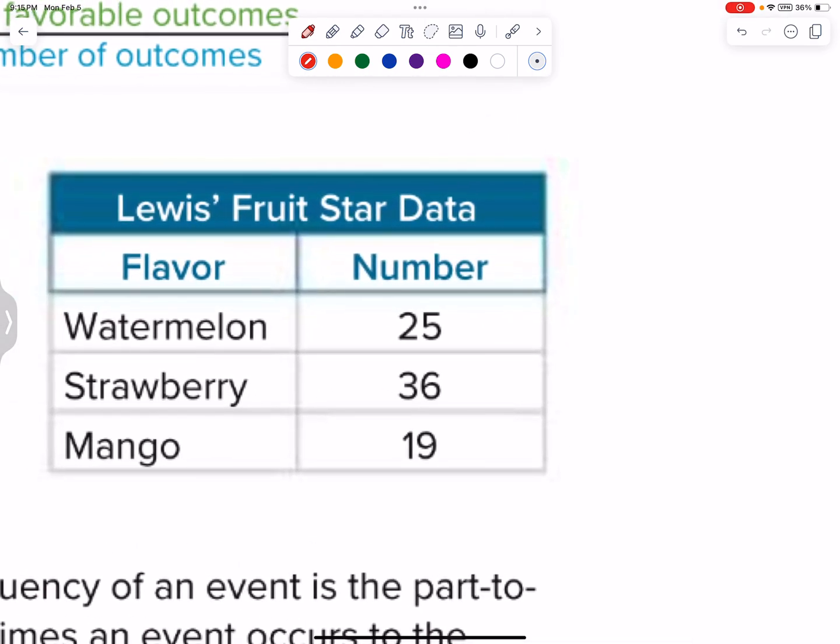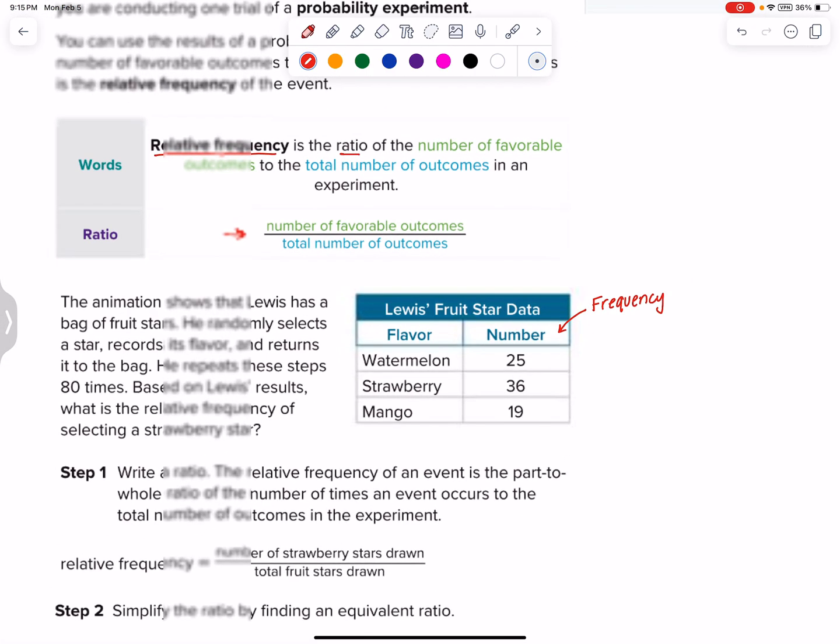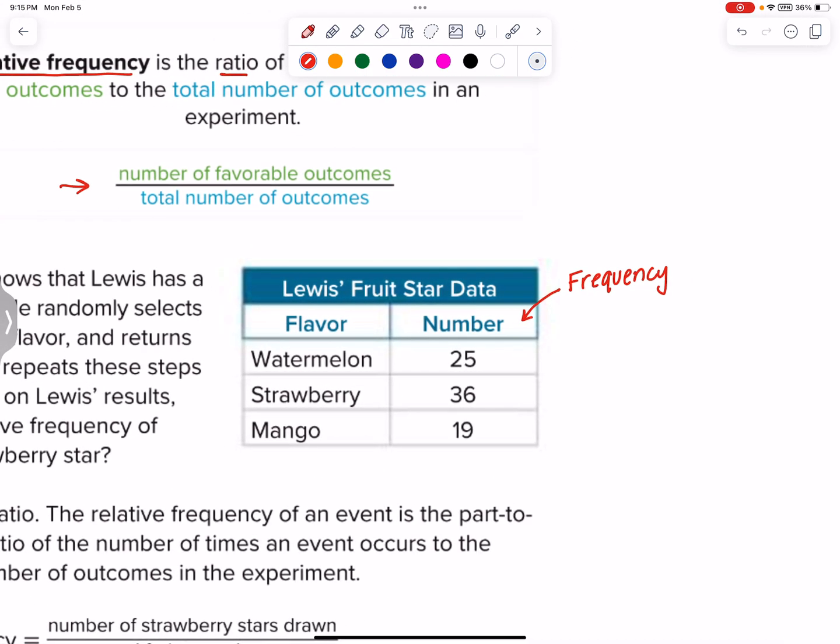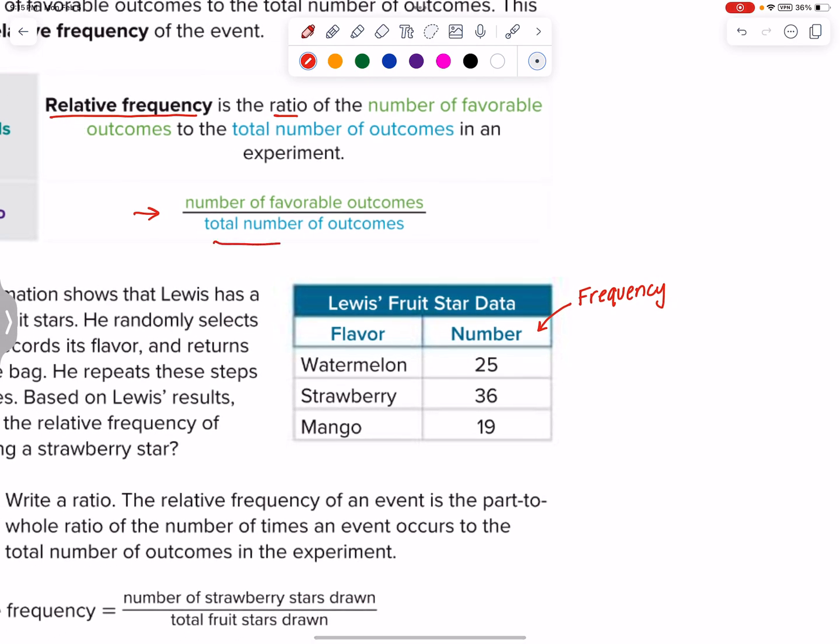We have a number of how many times we pulled it, which is also called, I want you to write down, the frequency. It's how many times you pulled it, how frequent. So the relative frequency means, what's the frequency relative to the total number of outcomes?